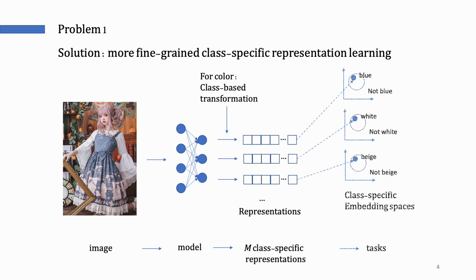And the representation goes to the embedding space of each class. Because the representation and the embedding spaces are very fine-grained, the spaces only contain positive representations that belong to this space, and negative representations that do not belong to this space, and we definitely expect these positive representations to form a cluster.